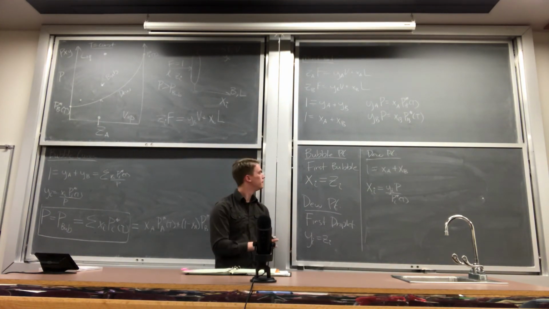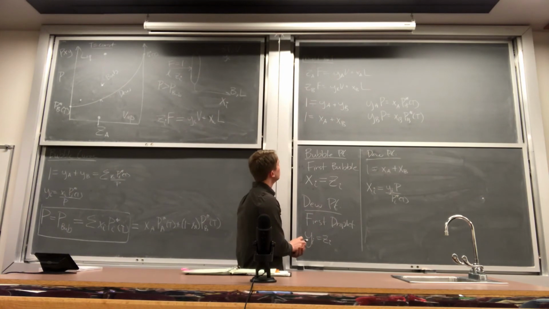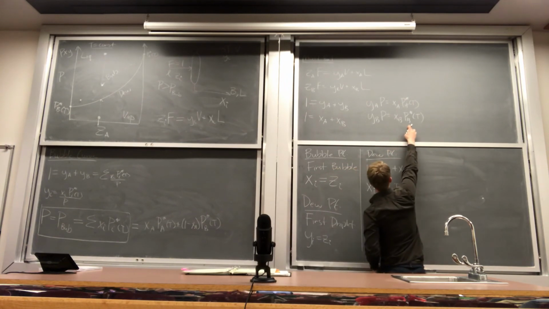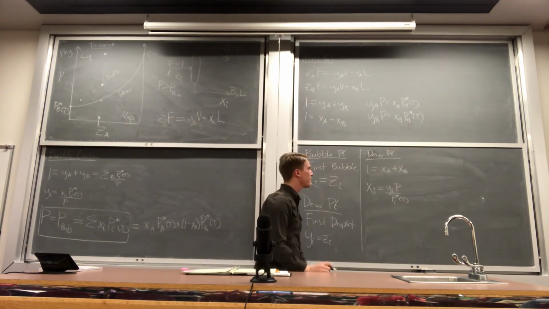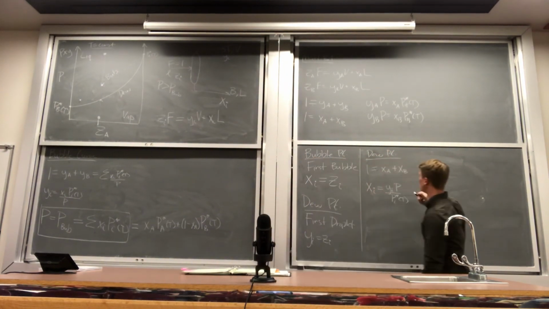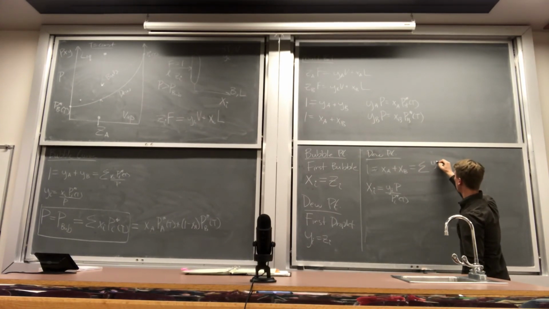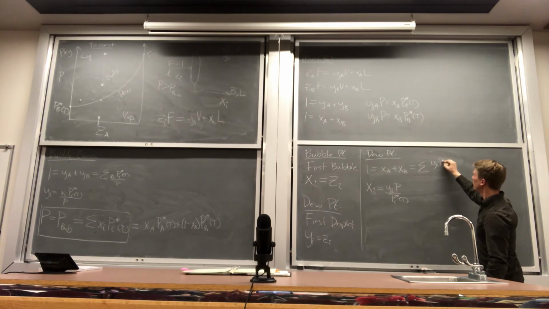Wouldn't it be flipped? P i star on top? No, all I'm doing is dividing both sides of the equation by the vapor pressure. Oh, okay. Got it. So then I can rewrite this more generally as the summation of the mole fraction in the vapor times the system pressure divided by the saturation pressure.